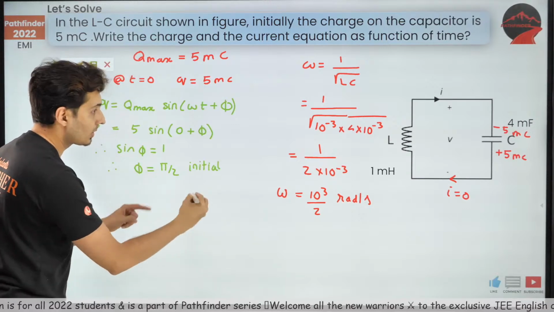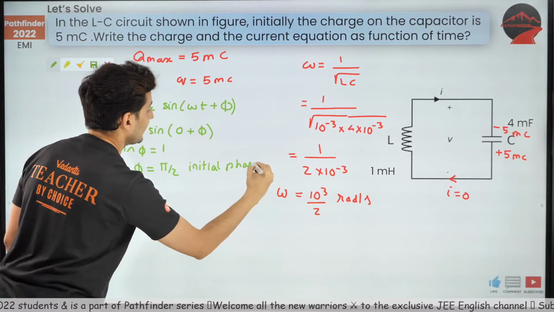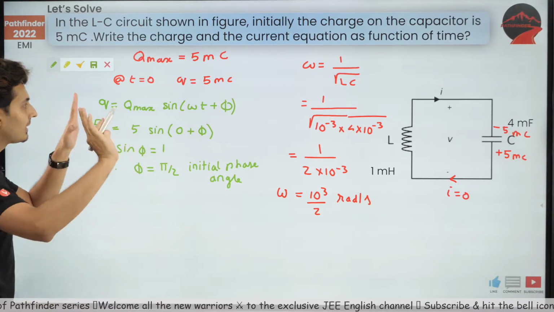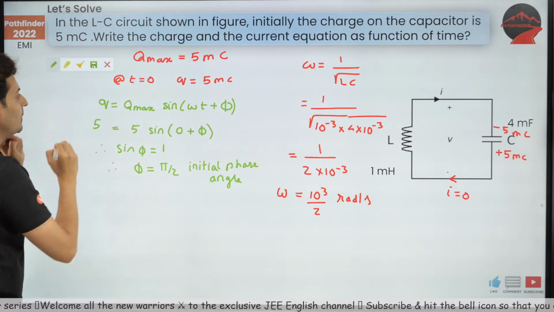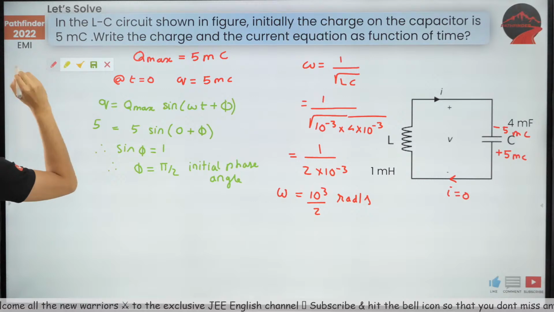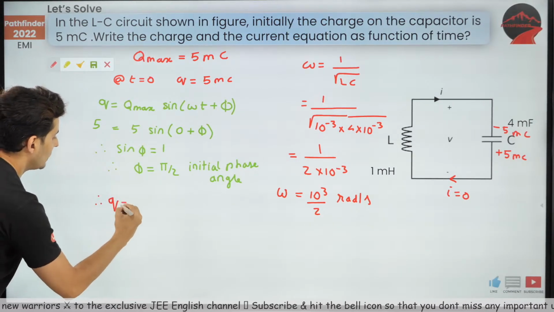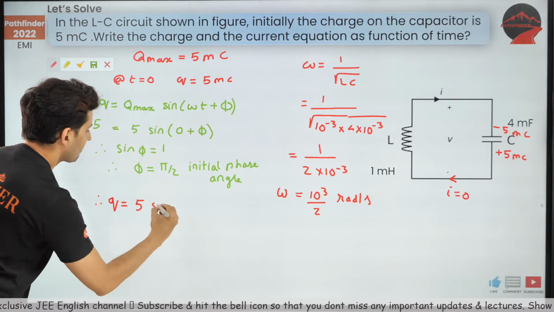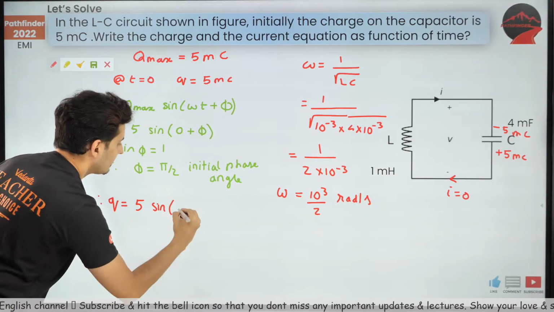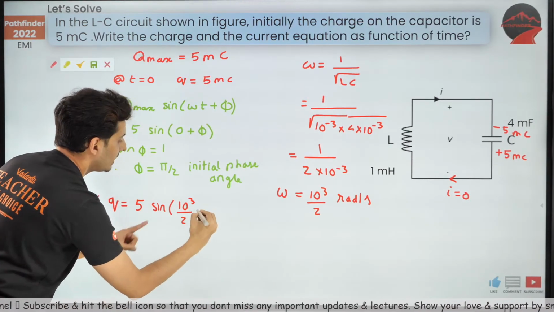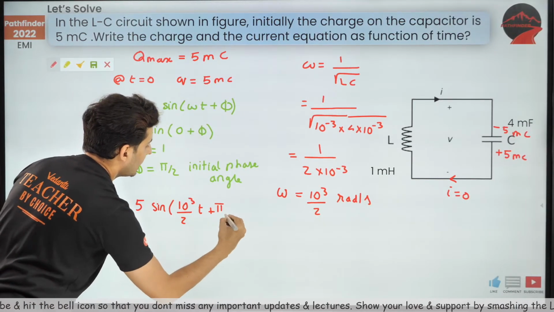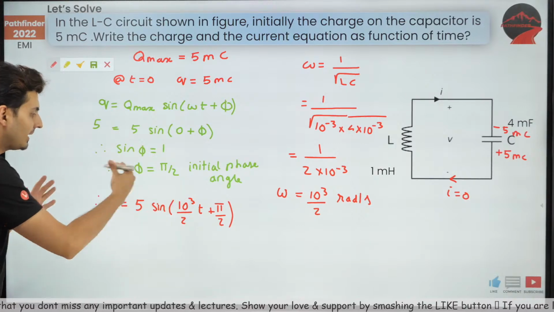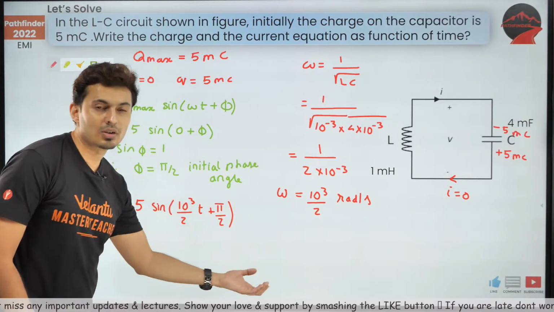Remember, in SHM we have talked about this. Cool. Now I have every term that I need to make this equation. Therefore, Q will be equal to Q max, that's 5, sine of omega, 10 to the power 3 by 2, into t plus pi by 2, which I can also write as cos.